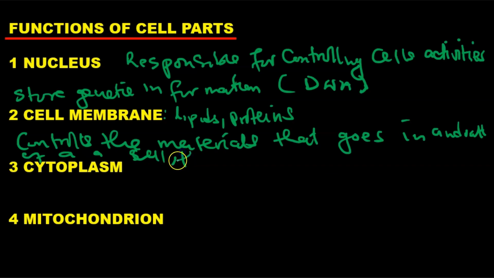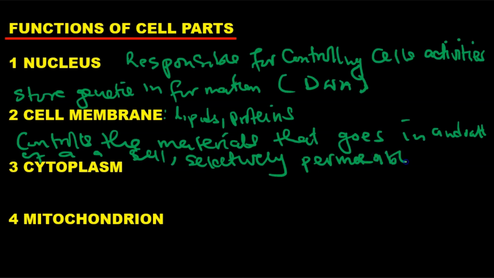That is to say, the cell membrane is selectively permeable. This means that it allows some substances, at the same time it does not allow other substances to pass through it. How is it then selectively permeable?